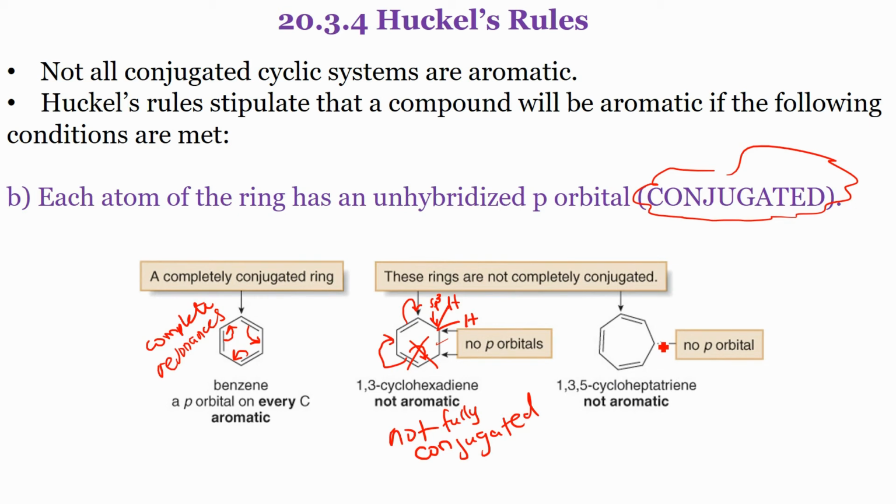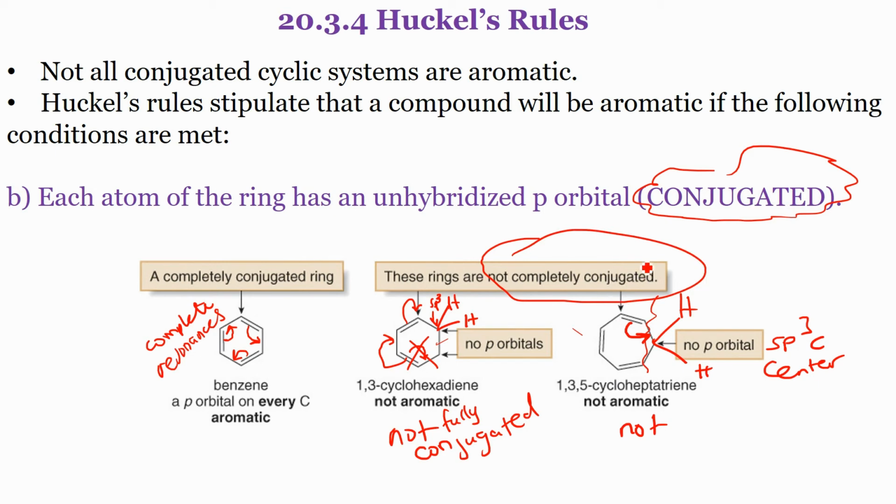So that said, this one also has the same problem. That's an sp3 carbon center. While it's conjugated to the left, I cannot push this double bond here. There's no pi bond to give way to do resonances. So these are not completely conjugated. They are partially conjugated.